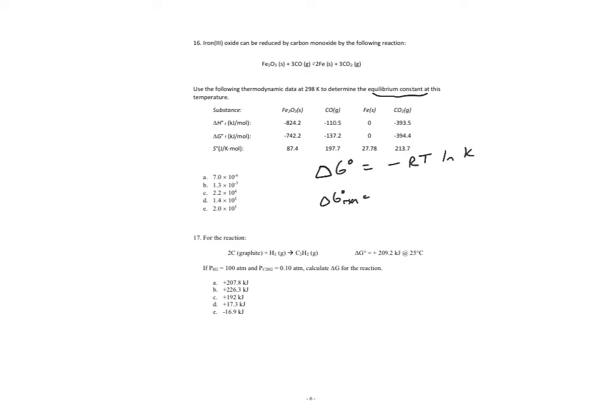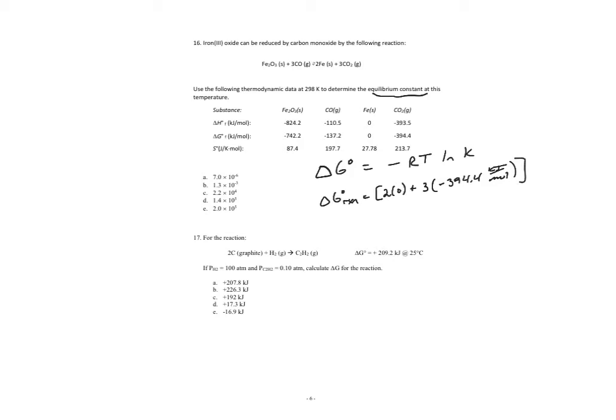We can go ahead and calculate what the delta G of the reaction is. Again, that's going to be products minus reactants. So we have 2 moles of iron, but iron's delta G is 0. We've got 3 moles of carbon dioxide, 3 times negative 394.4 kilojoules per mole.